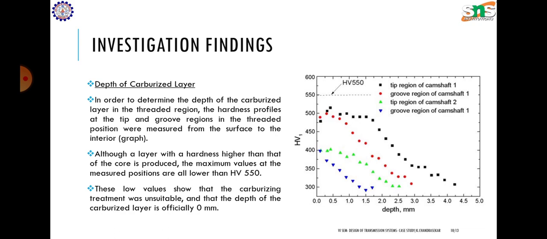Although a layer with hardness higher than that of the core is produced, the maximum values at the measured positions are all lower than HV550. These low values show that the carburizing treatment was unsuitable and that the depth of the carburized layer is effectively 0 mm. So in the threaded region there is no carburized layer found.